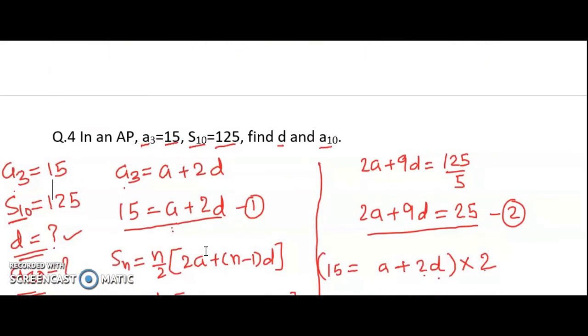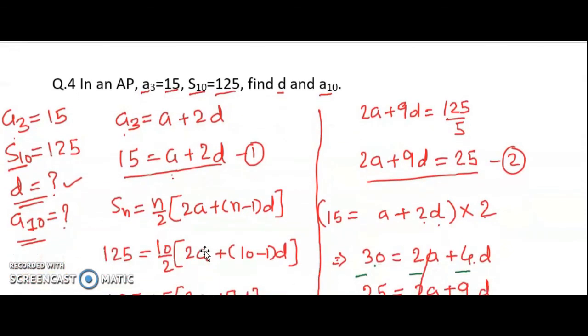See the question again. It was a little longer question. Here two things were given, A3 and S10. So from those two we will get two equations. From A3 we will get equation 1, and from S10 we will get equation number 2. To solve those two equations, first observe that the coefficient of a in equation 1 is 1 and in equation 2 the coefficient is 2.